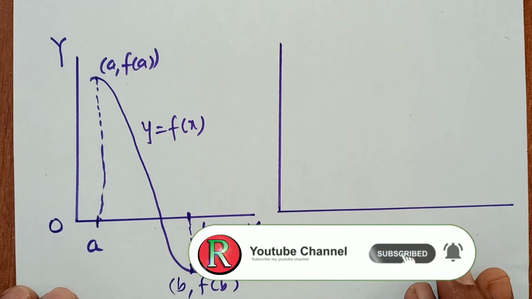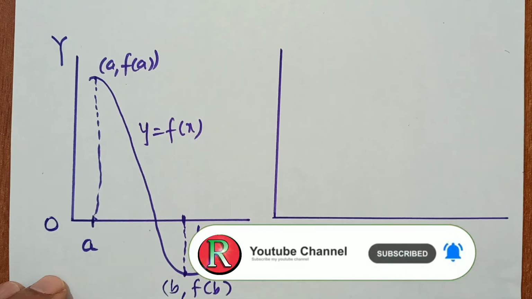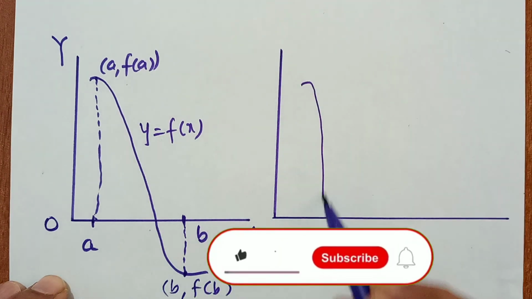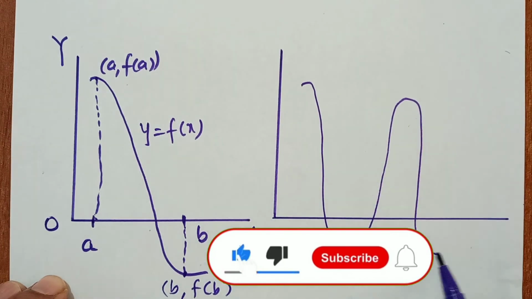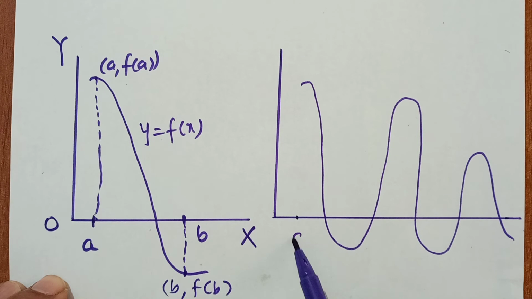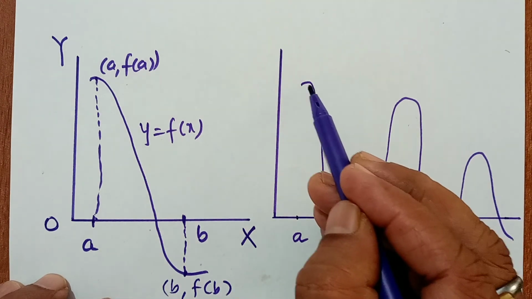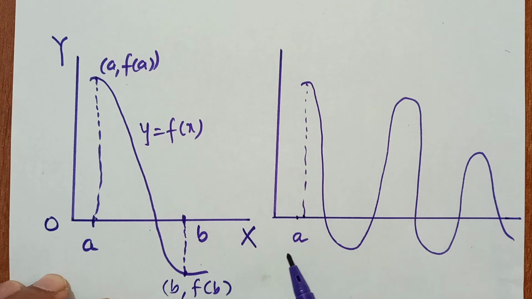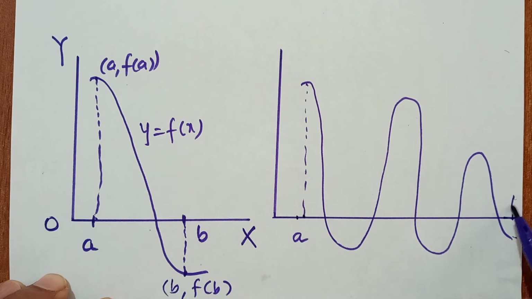Second case, it may be this type. Suppose this is a, so this is f(a), and suppose this is b, so this is f(b).